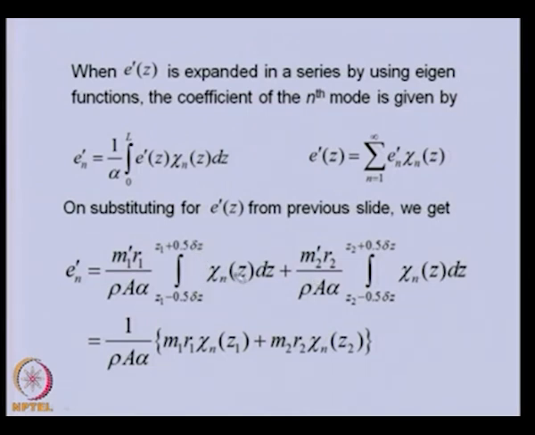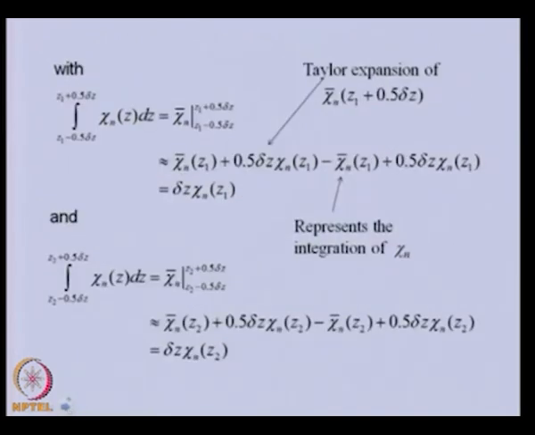So in the next slide we will show how we can get this from this integral. The first integral is like this. Let us say this xi n bar is the integration of this function, and if we keep the limits of this, we will get this for the first limit, and for the second limit another term will be there. If we expand that using Taylor series expansion, we will see that this is the first term and this is the second term, because the differentiation of this term will be there.